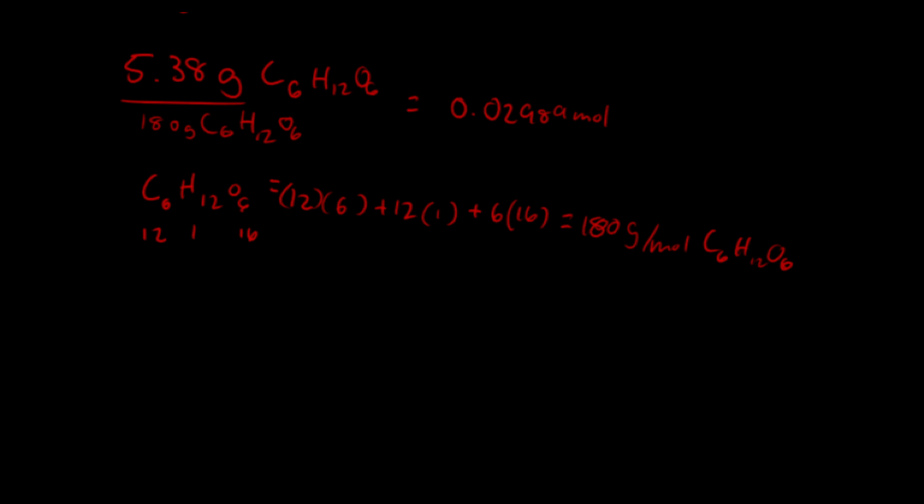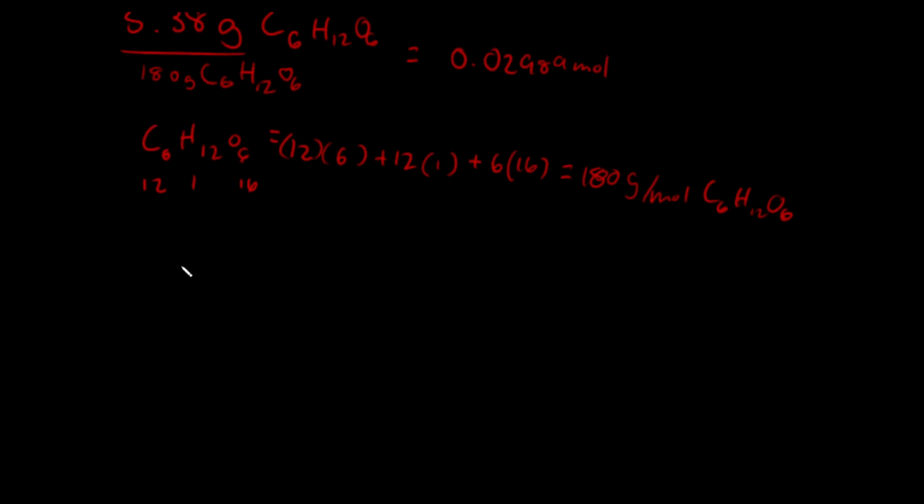So a lot of these, like if you're given how many hydrogen atoms are in, say, H2O2, how many hydrogen atoms are in 1 mole of this? I don't want to make the math too hard.